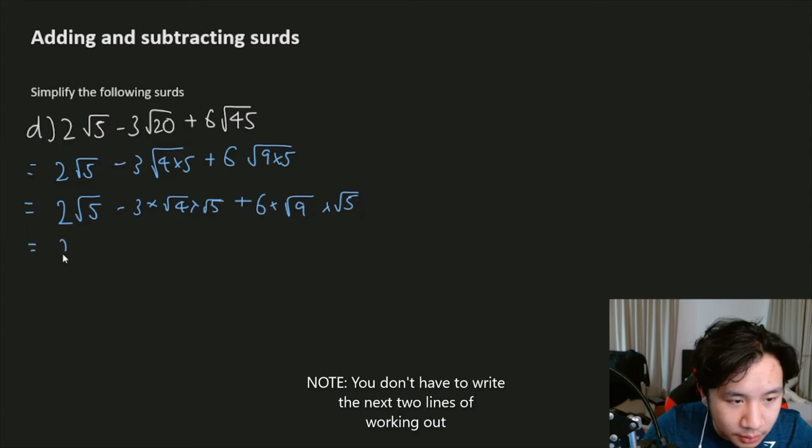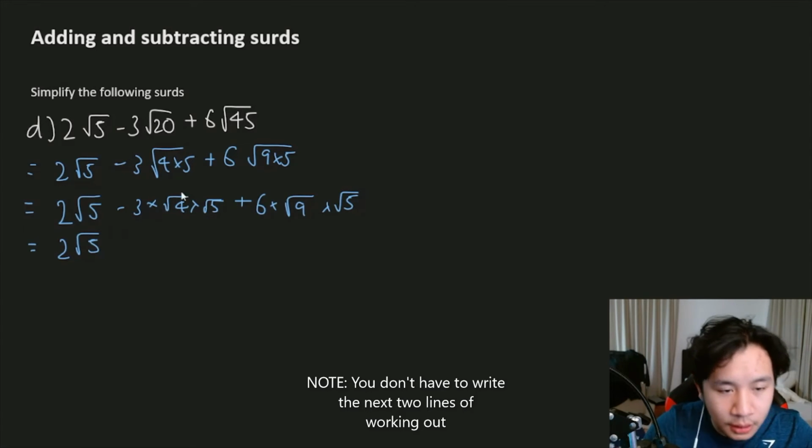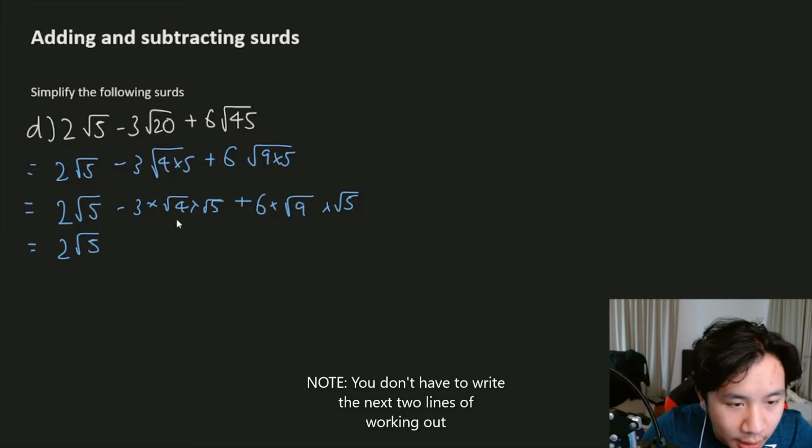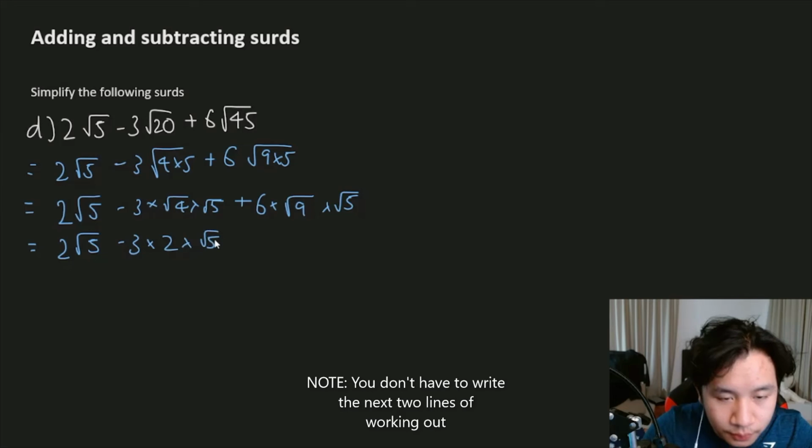And so this is going to be equal to 2 root 5. I can simplify the 4 here. I would leave the 5 because you can't simplify that. So this is going to be minus 3 times, square root 4 is just 2. Then we have root 5. Then here we have plus 6. We simplify square root 9, which is just 3. And then we leave the root 5.